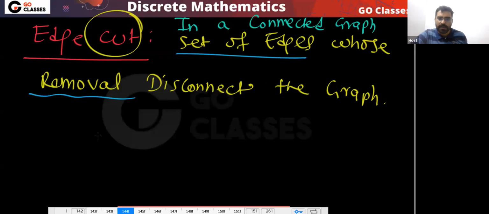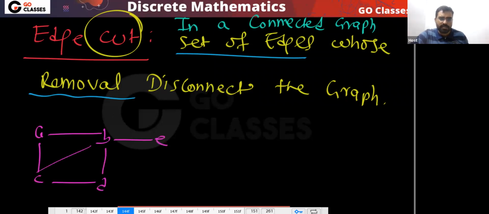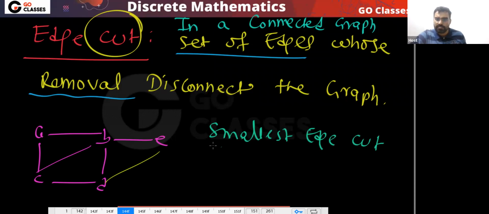Now, take any graph, for example A, B, C, D, E. In this graph, what is the smallest edge cut? I can say the smallest edge cut is BE, DE.